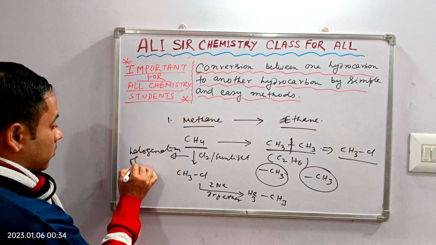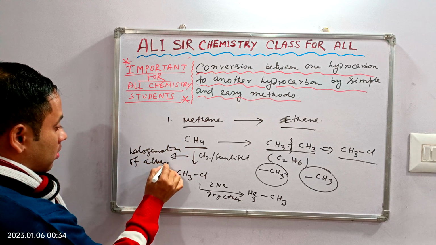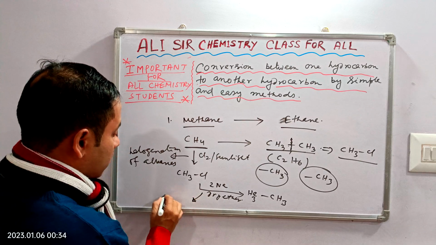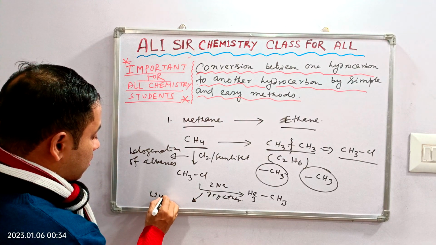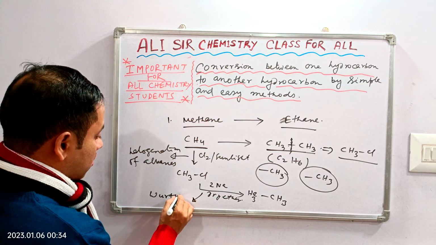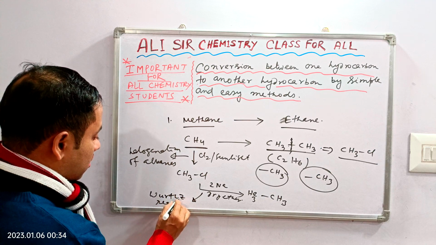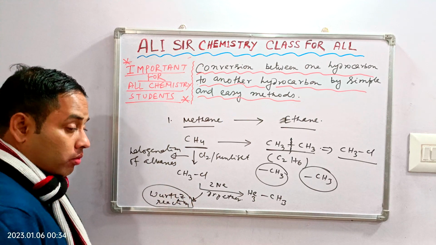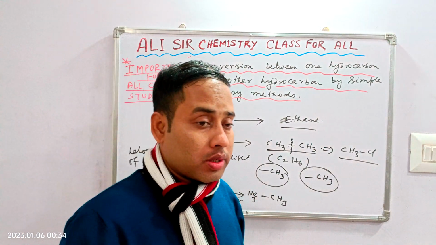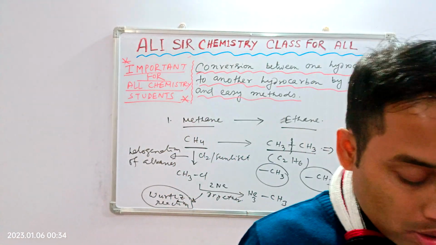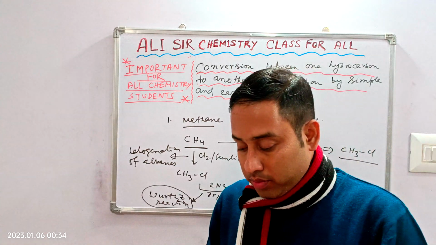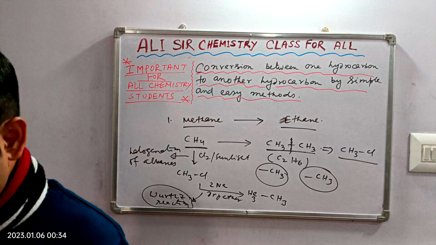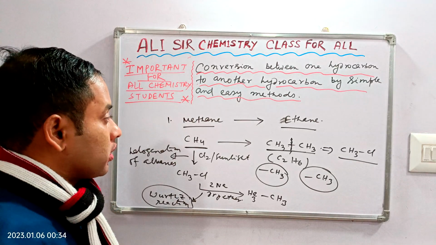The second one is the Wurtz reaction, which is one of the most important reactions for the preparation of symmetrical alkanes. So you can see how easy it is to transform methane to ethane.